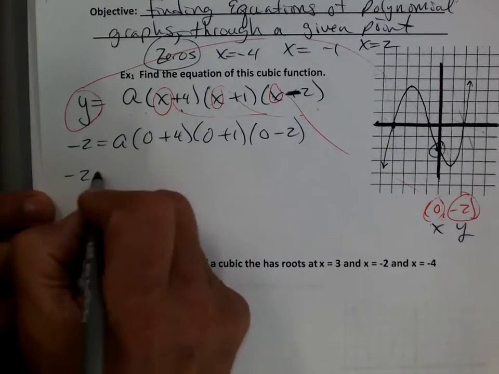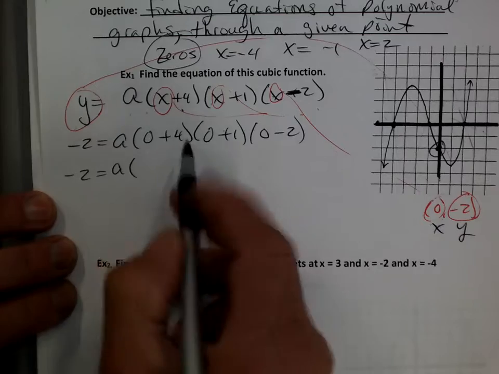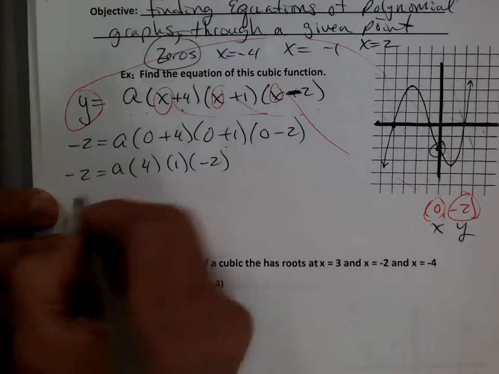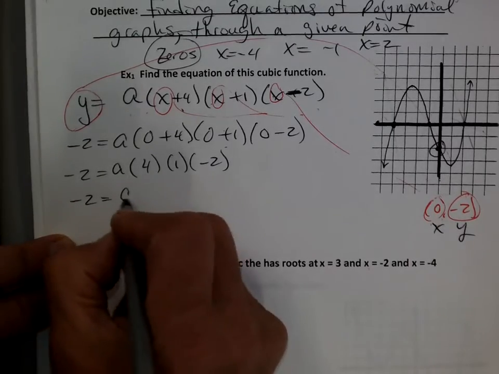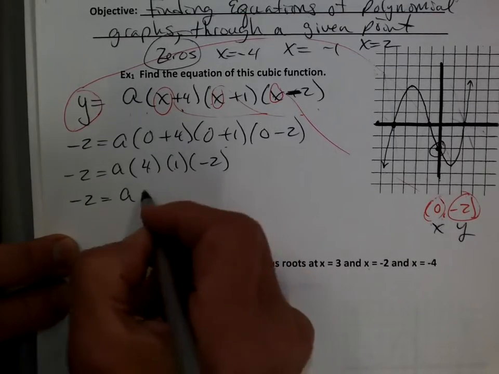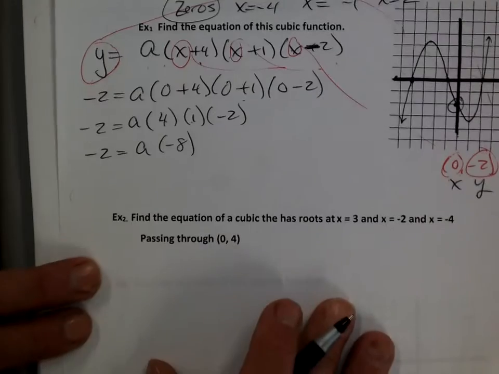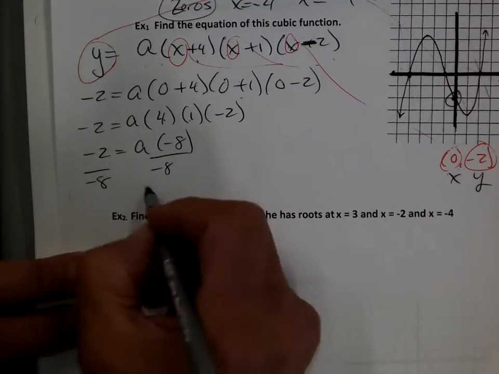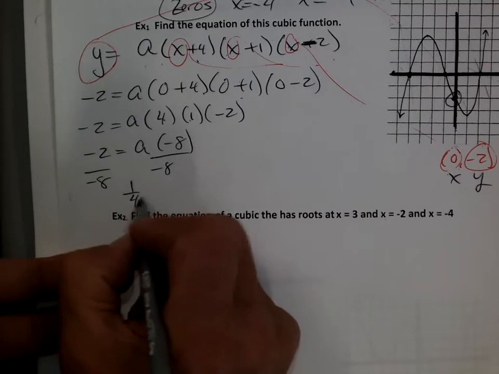So negative 2 equals a times 4 times 1 times negative 2. So I've got 4 times 1 times negative 2, that's negative 8. Solve, divide by negative 8, divide by negative 8, and I get an answer of positive 1/4 for a.